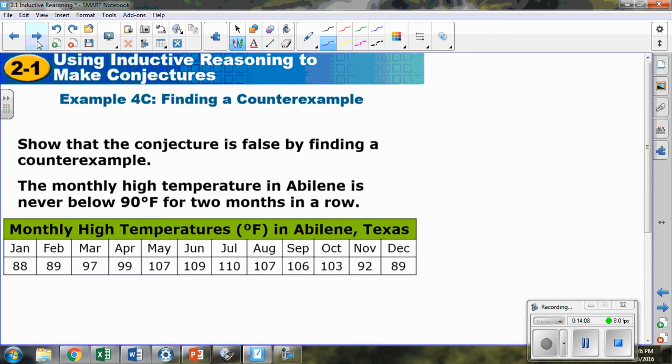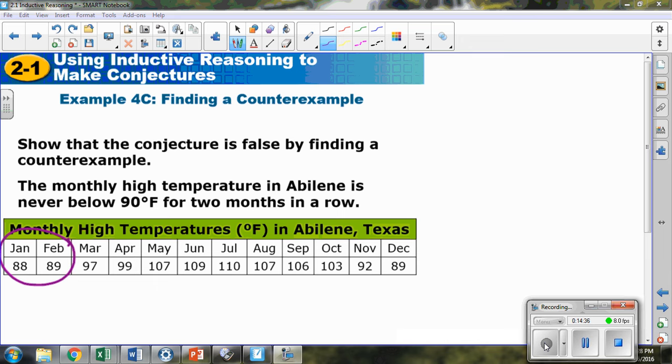What about this one? Pause the video, write down your answer, let's see what you've got. Looking at the answers that the students are giving me, a lot of people recognize January and February are consecutive months. The average high temperature is below 90, so January and February by itself is already enough of a counterexample.